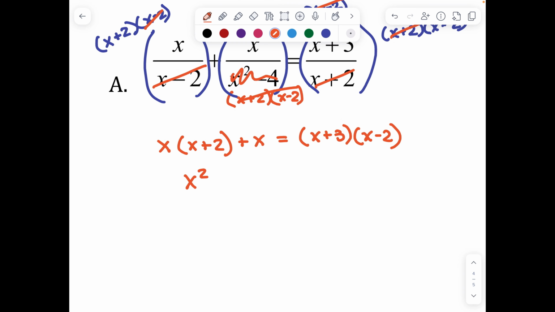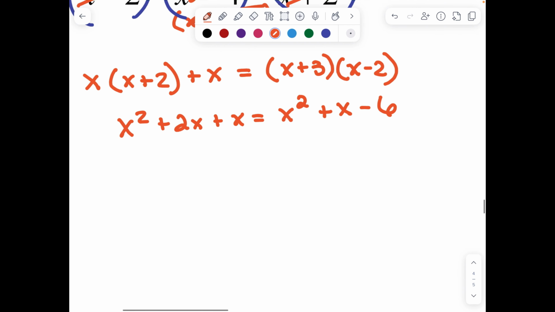So I have x squared plus 2x plus x equals x squared plus x minus 6. I'm going to go ahead and subtract x squared and x over.